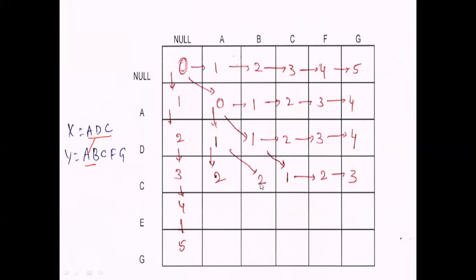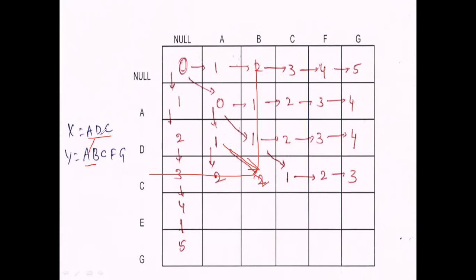But consider R not equal to C. If C is not equal to B, we use the minimum value, that is the minimum value of 2, 1, 1. So consider the minimum value, and next one is 2. 2 means one deleting operation.